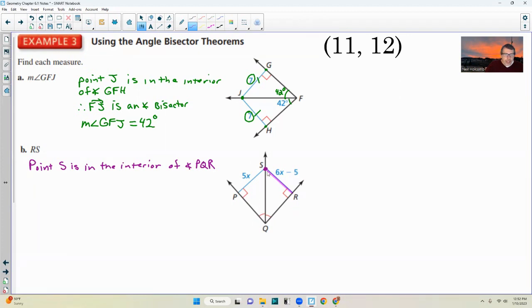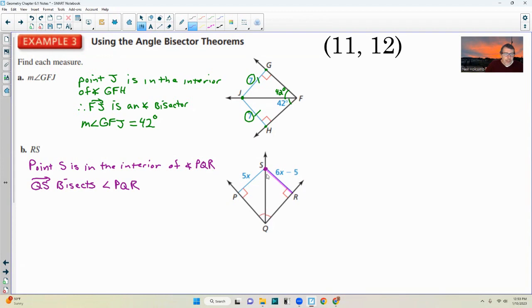We have ray QS. How about I do it the right way? Ray QS bisects angle PQR. Okay, since that's true, angle PQS is congruent to angle SQR, and it's marked.